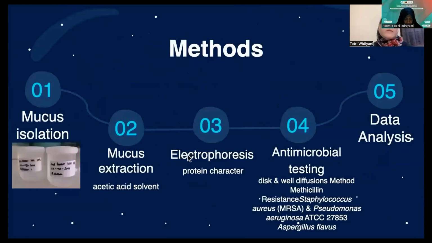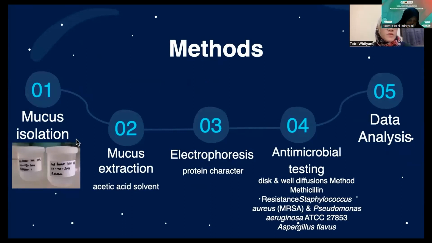Our method contains 5 steps. For the first step, we isolate mucus from the catfish body. Catfish samples were obtained from the freshwater cultivation unit, or in Bahasa Unit Kerja Budidaya Air Tawar, Wonocatur, Cangkringan, Sleman in Yogyakarta.